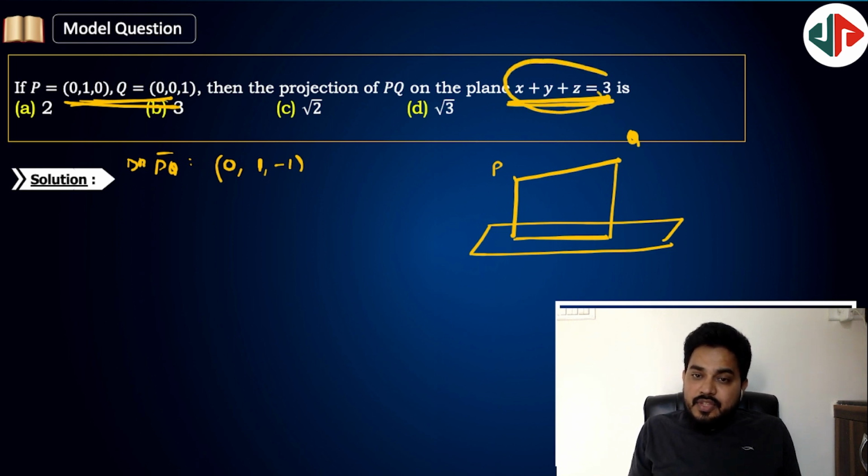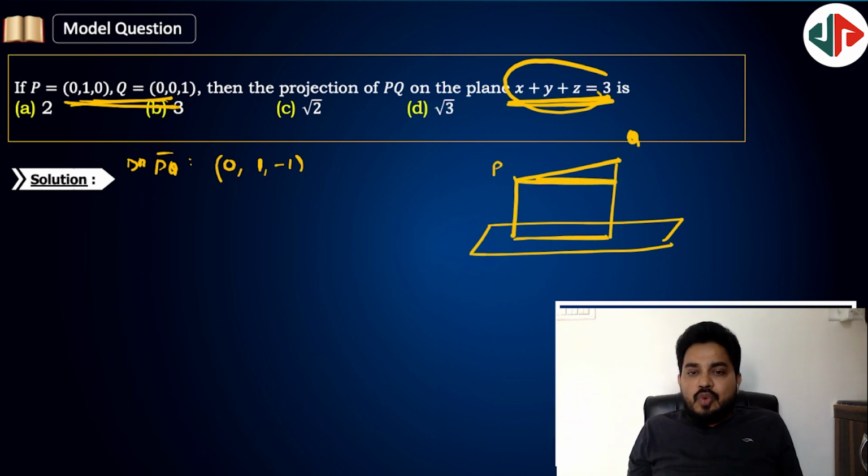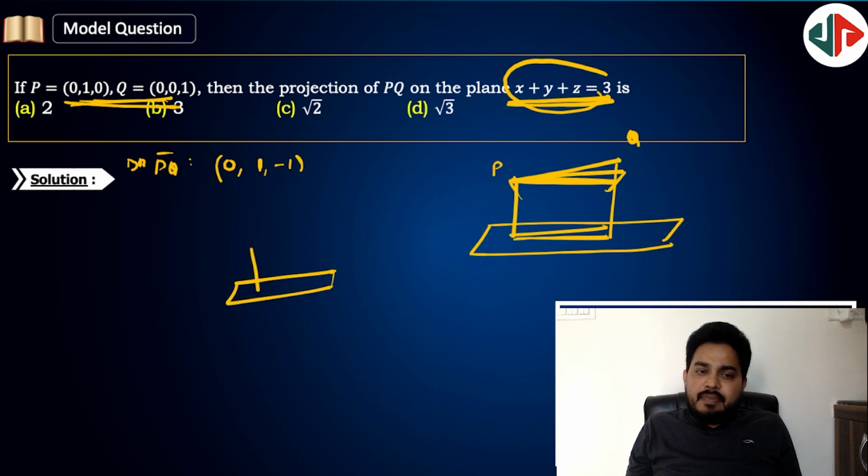See what happens: the diagram will be like this because the plane and the line are parallel. So whatever the distance between these 2 points will be this one, because the plane and this line are the same thing, so this length is going to be the same. So the distance is equal to root 2.